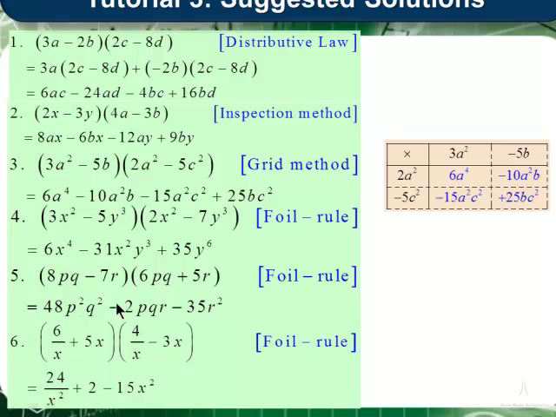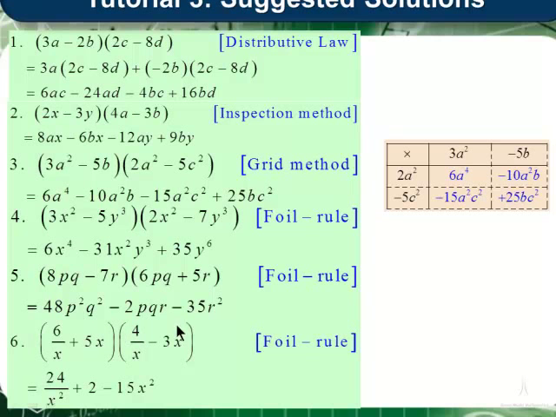Multiplying the first and the last together, we see that there are x's that will cancel above the line and below the line, and 6 times minus 3 gives us minus 18. And if we look at the product of the inner terms in this case, we see that the x's also cancel, and we also have a constant, namely 5 times 4, which is 20.